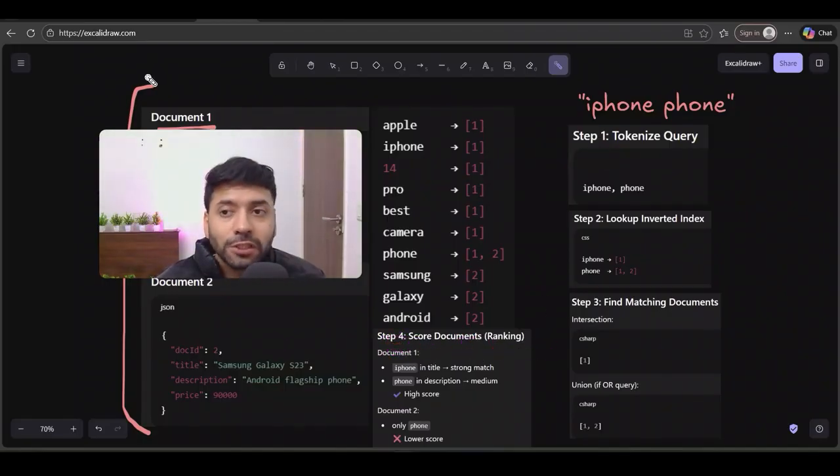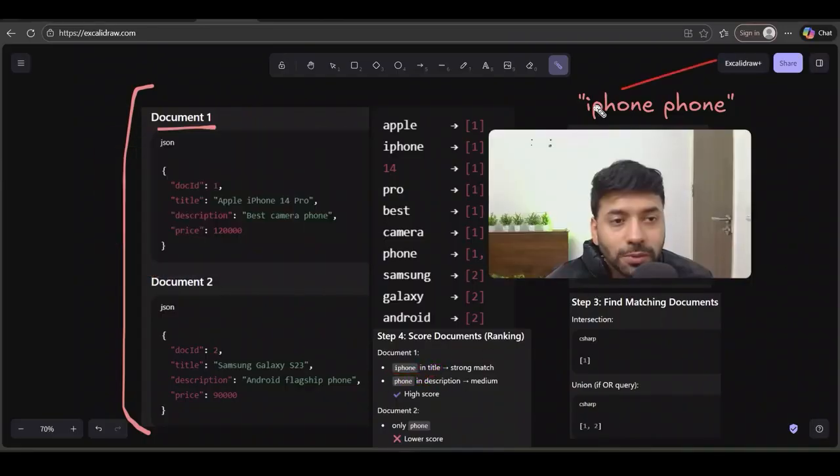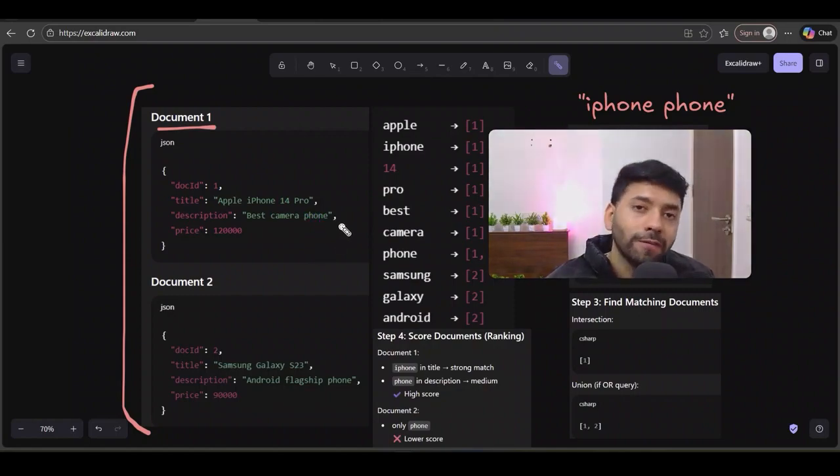We earlier discussed that we store the original documents, the inverted indexes, and the metadata. So metadata helps you in the ranking, in providing a score to the documents, correct? Here you can clearly see iPhone was present in the title of document 1. And phone was present in the description of document 1. In metadata, we store what should be given more weightage.